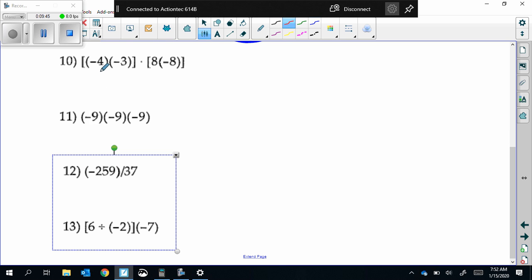Multiplication, negative times negative is positive, so that's positive 12. 8 times negative 8 is negative 64. And this is multiplication in there. That is larger than I can do in my head. 12 times negative 64, negative 768.